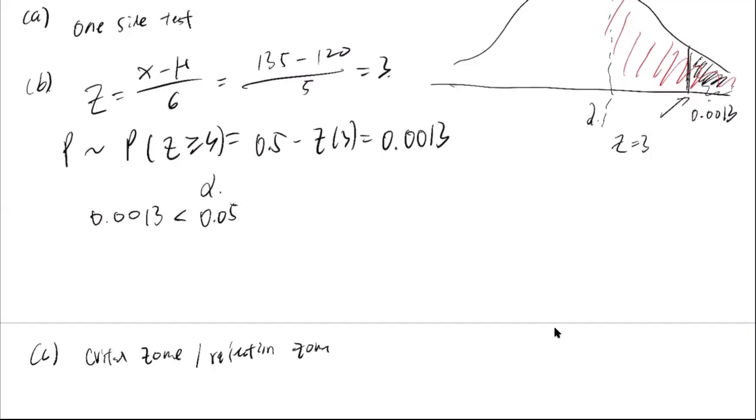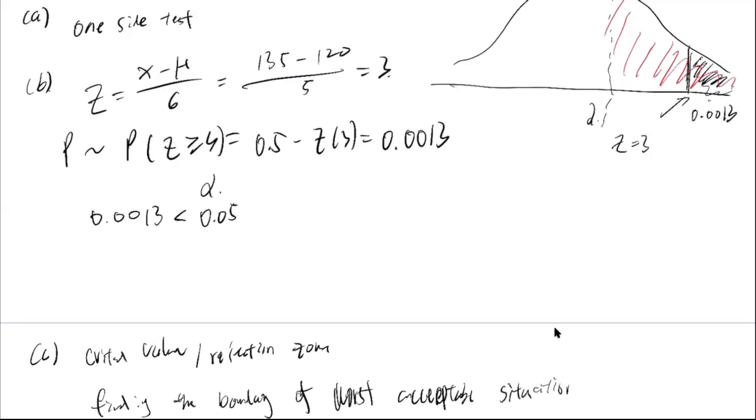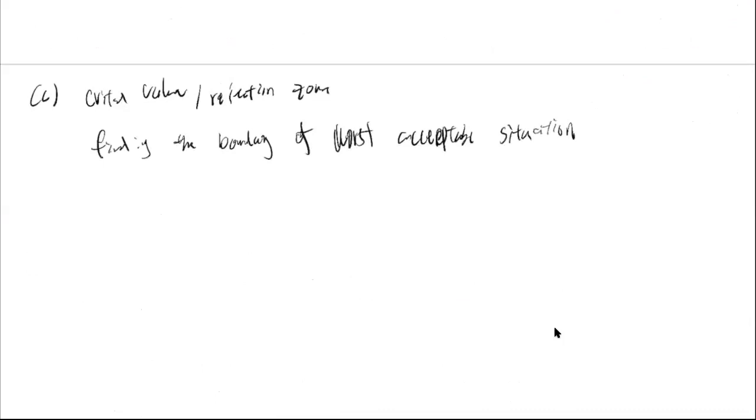So quickly, critical value and rejection zone is basically finding the boundary of the worst acceptable situation. So maybe let's draw a graph first.